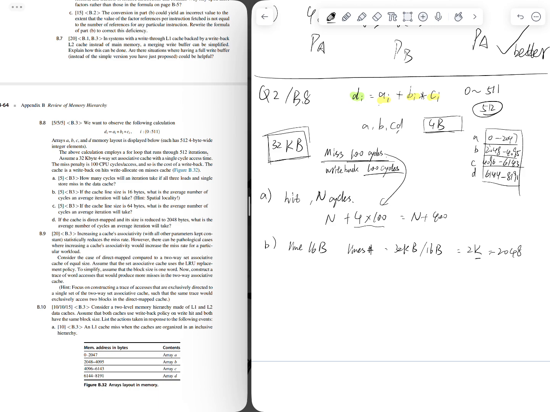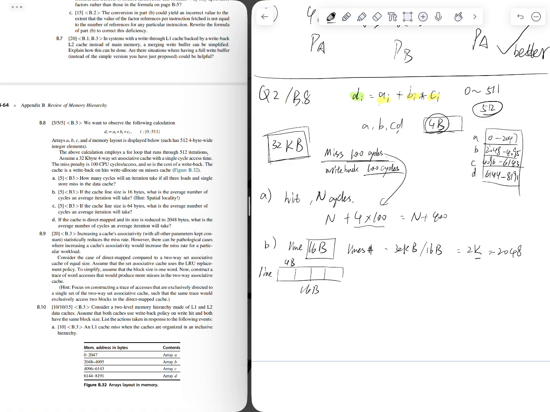What really matters is that each word is 4 bytes, but your cache line is 16 bytes. So we can put 4 words inside a cache line. Here is a line of 16 bytes, which holds 4 words.